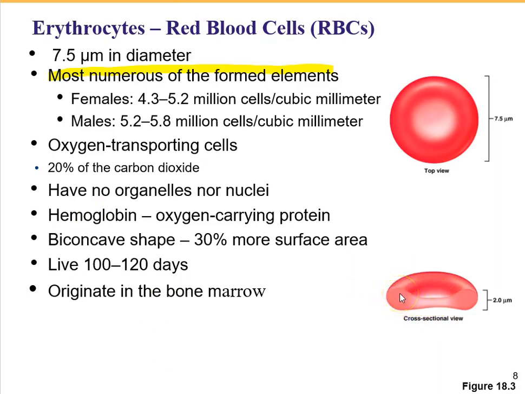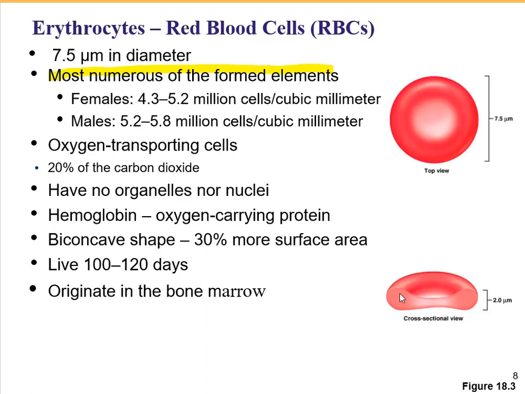This biconcave shape gives them about 30% more surface area. This is another factor which gives the red blood cell more efficiency for carrying oxygen.